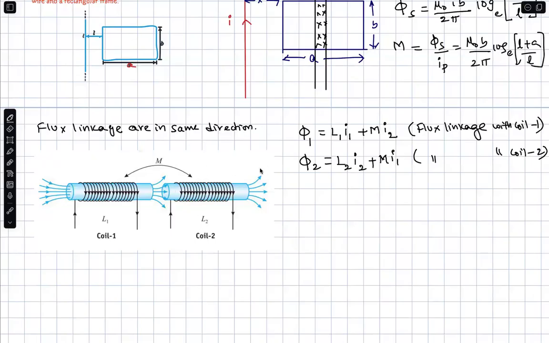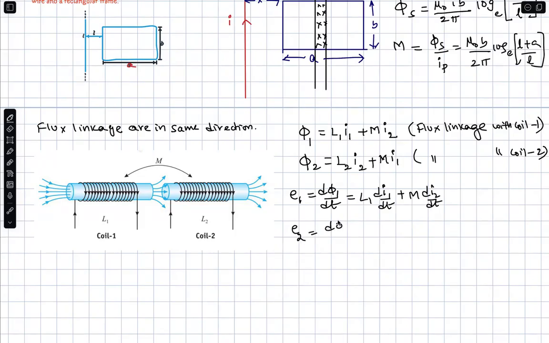Now, if the currents are changing, what is the EMF induced in the first coil? Magnitude d phi 1 by dt, which is L1 di1 by dt plus M times di2 by dt.